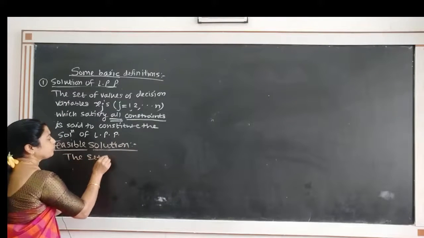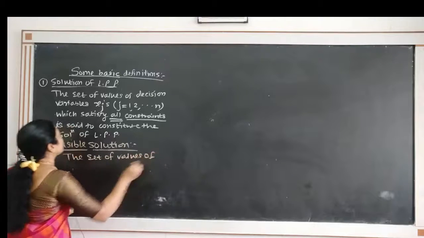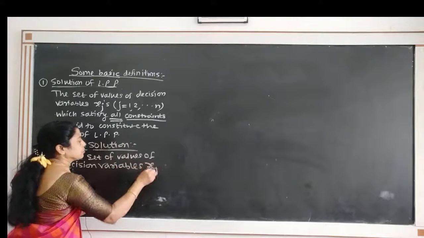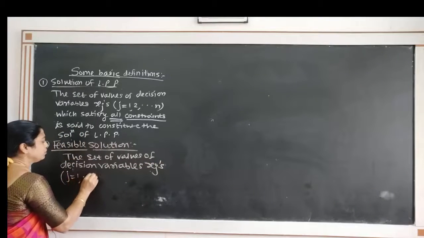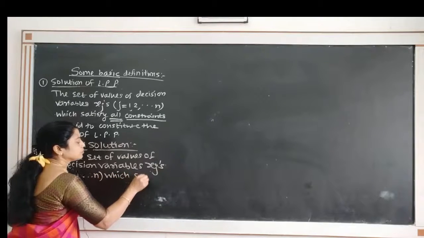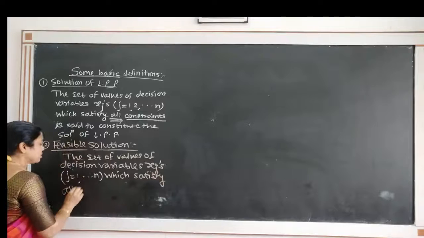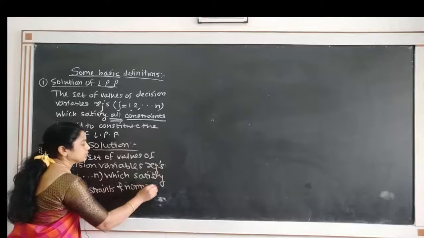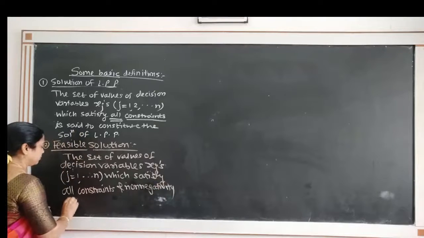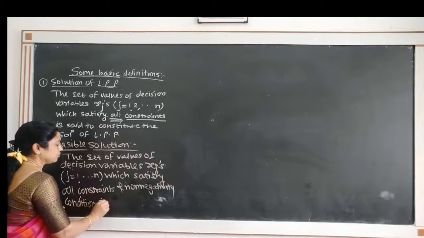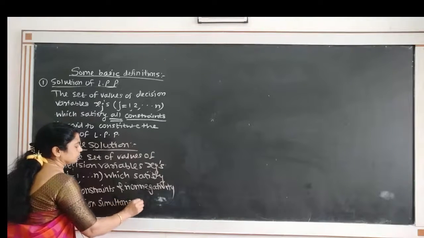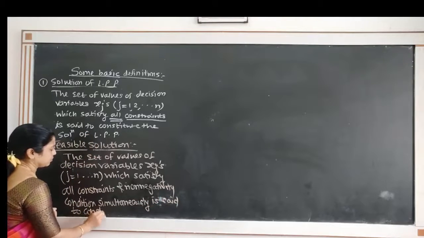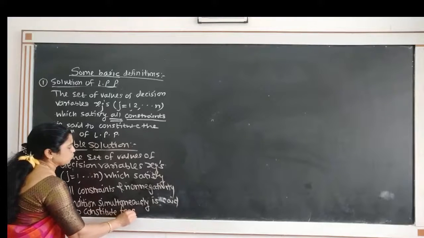The set of values of decision variables xj, j running from 1 to n, which satisfy all constraints and non-negativity condition simultaneously is said to constitute feasible solution.